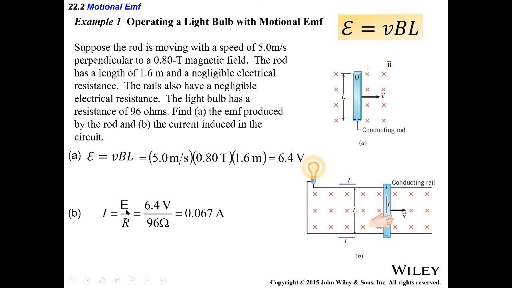It is not electric field, it's not energy, it is EMF, whatever EMF has been induced by making the rod move with a certain velocity. Since we have worked it out to be 6.4 volts, the current that flows is 6.4 volts divided by 96 ohms. And therefore you find the current is very small, 0.067 amps.